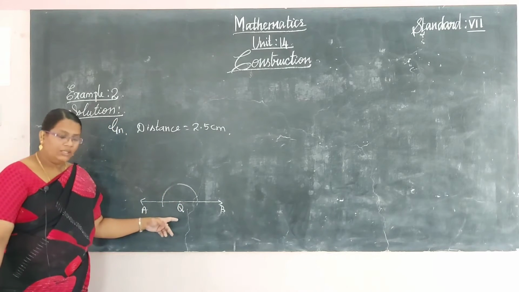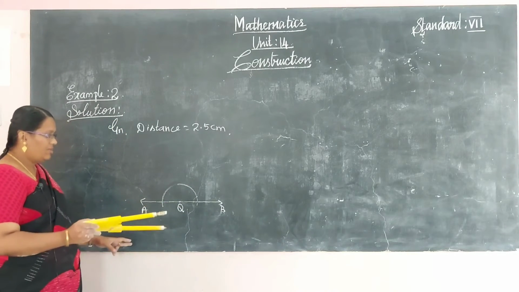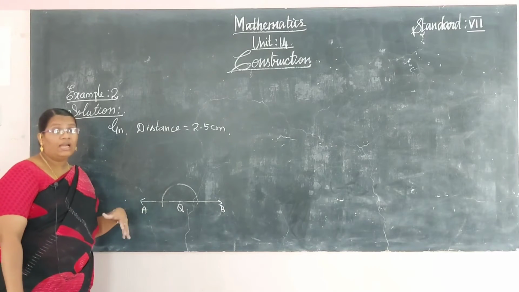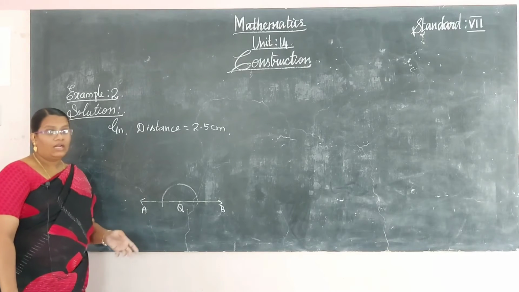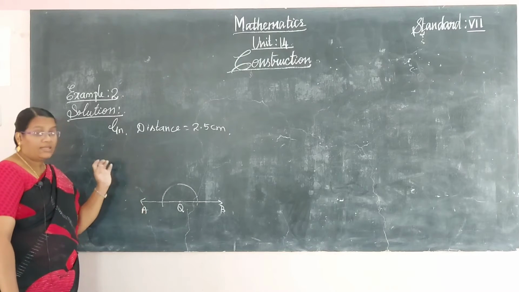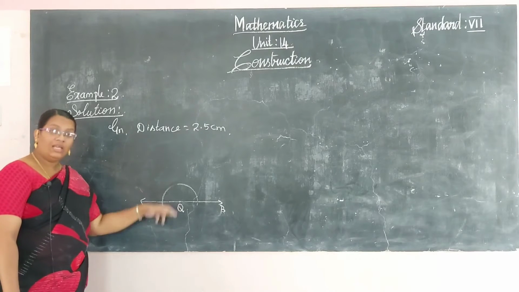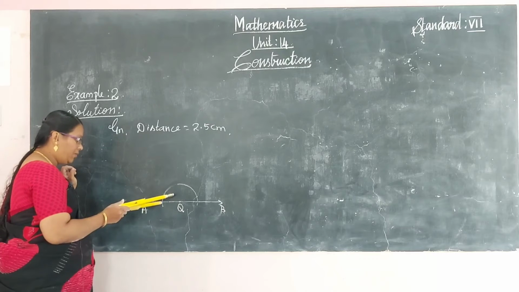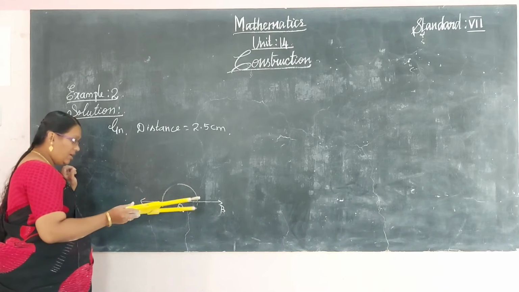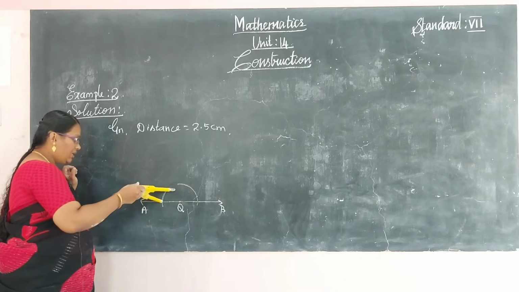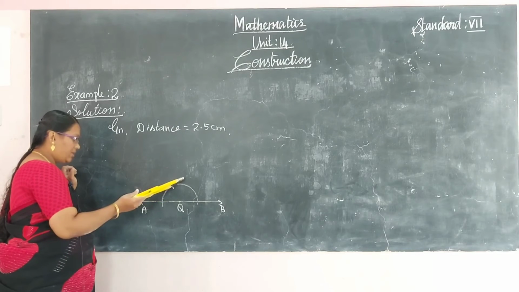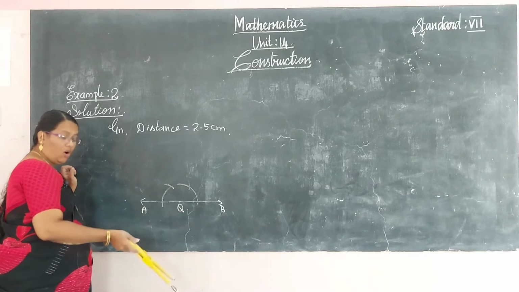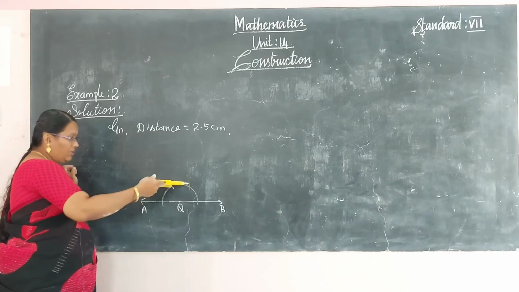Okay, with center Q, the same measurement. We have to make a perpendicular bisector. Already we learned about the perpendicular bisector in class 6, so here we apply the perpendicular bisector concept. With the same measurement, draw the arc with this center, then draw another arc from the intersecting arc.